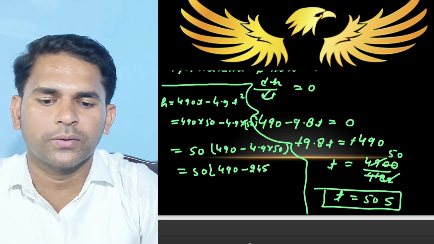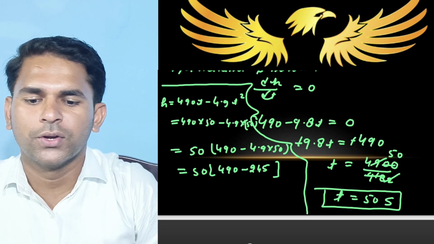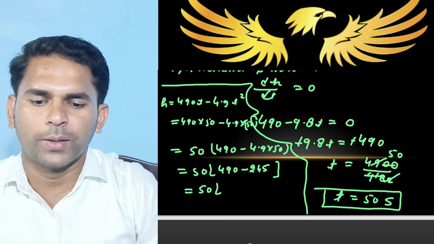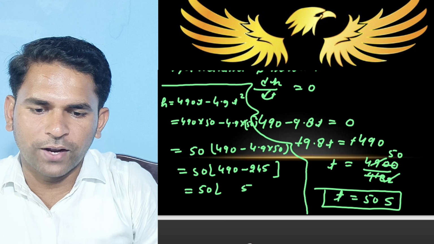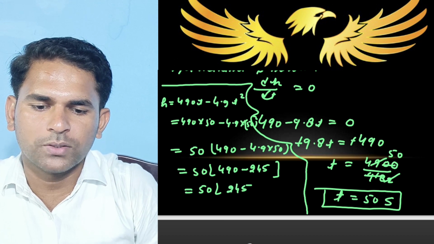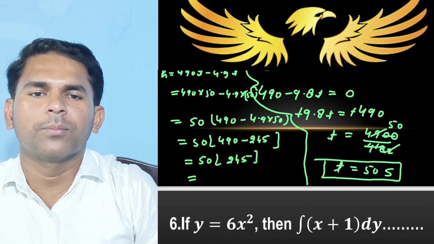So we write 50 times (490 minus 245). 10 minus 5 is 5, 8 minus 4 is 4, 4 minus 2 is 2. It means 245.